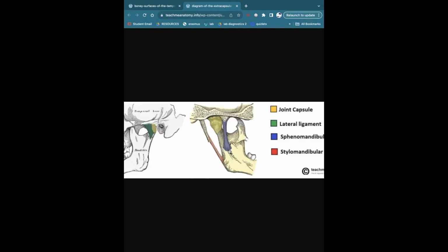The final one is the stylomandibular ligament. It runs from the styloid process to the angle of mandible.